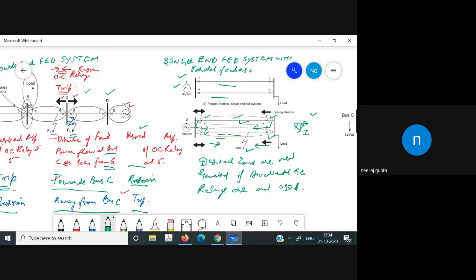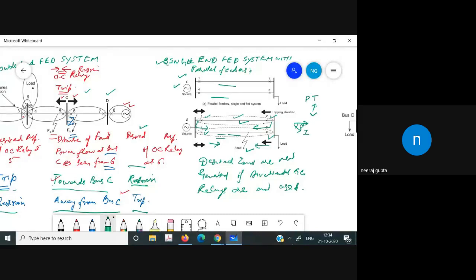So these are costly. So we use the directional overcurrent relays at 2 and 3, and the non-directional overcurrent relay at 1 and 4. So it will solve the purpose. This is the case of the single end fed system with parallel feeders.